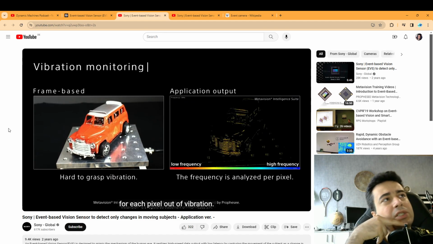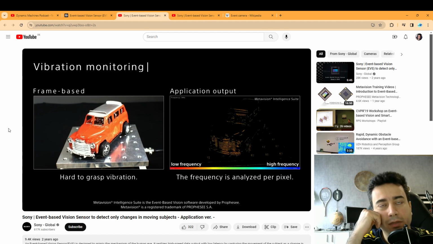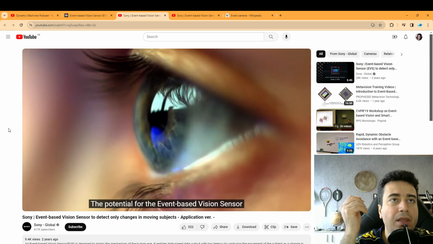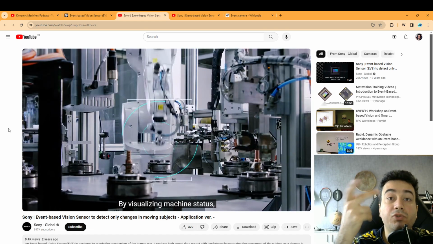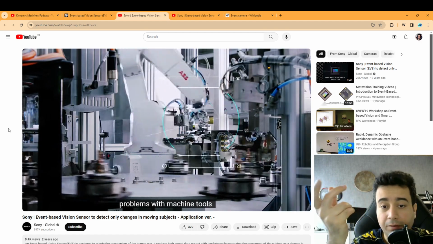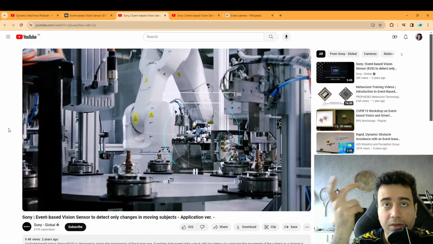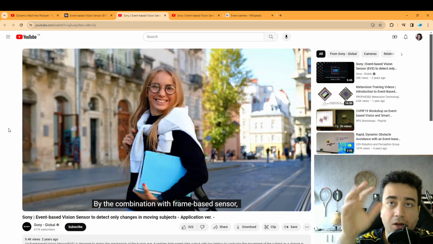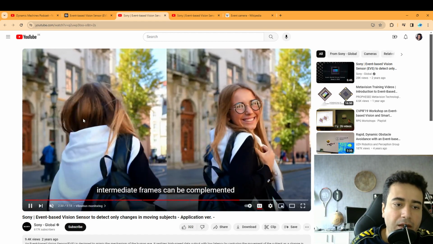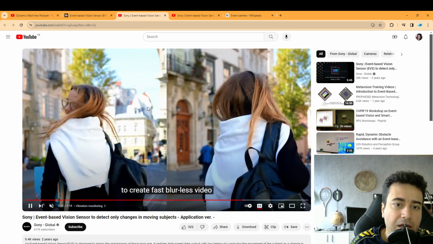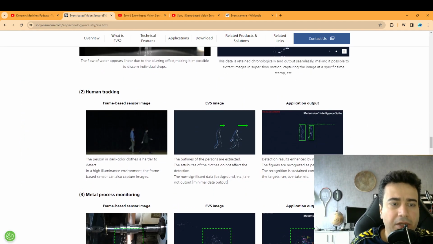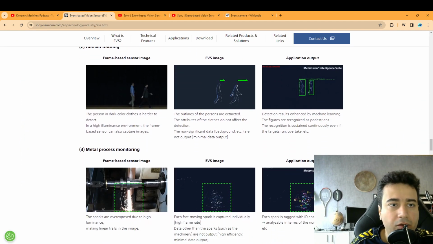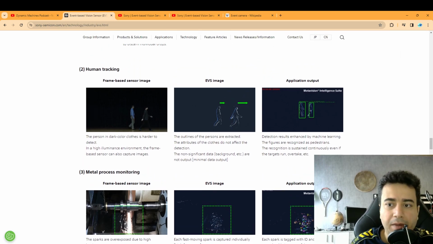Vibration is a big factor in machinery maintenance, and using such a camera can trigger an alert if something in the construction is not right, or the structure is under pressure or something like that. So this was some application overview of this frame.